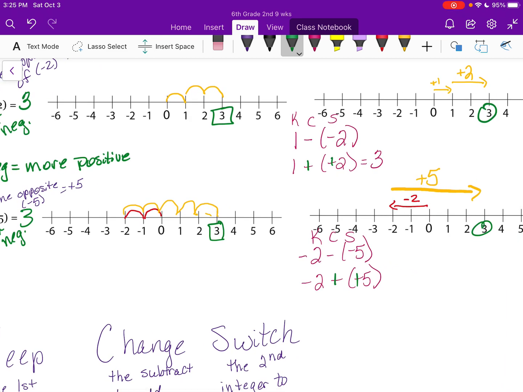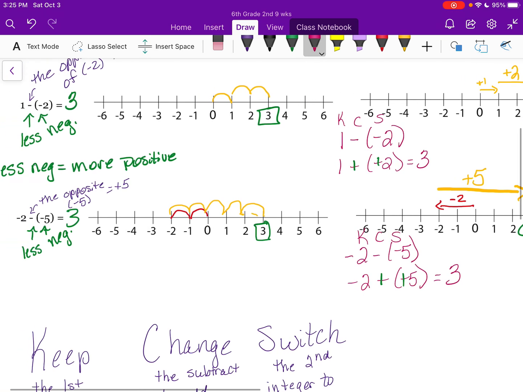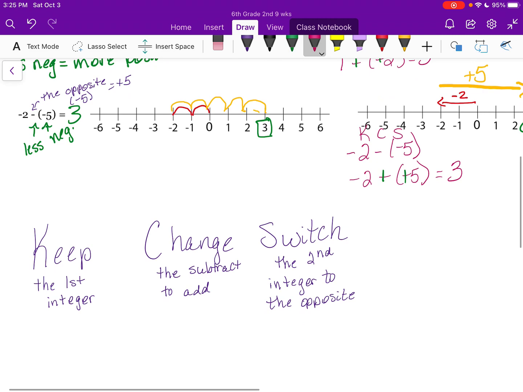And again, you can see we have the -2 here, and then the +5 here. And that gives us the answer of 3. Okay, so that keep, change, switch shortcut can almost be seen even better on the number line than it can with the counters.